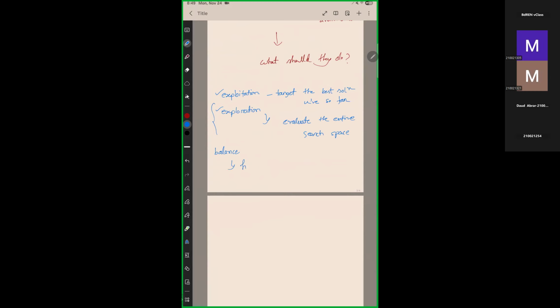The question is how to do that mathematically. Because you see, this is just a mathematical algorithm. Whatever we are trying to do, we are trying to do it mathematically. If you write a program, it has to be done mathematically, numerically. So the question is how to create this balance mathematically. That's our goal. Okay. Any questions so far?